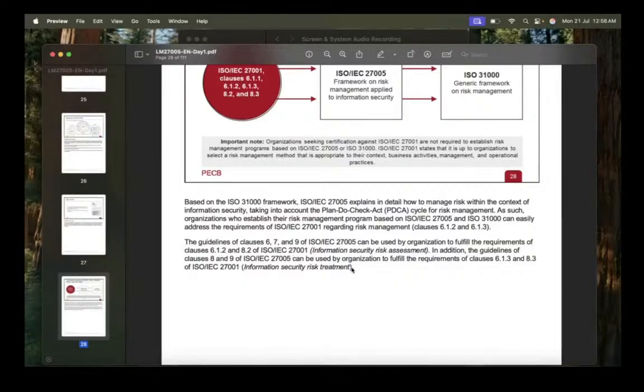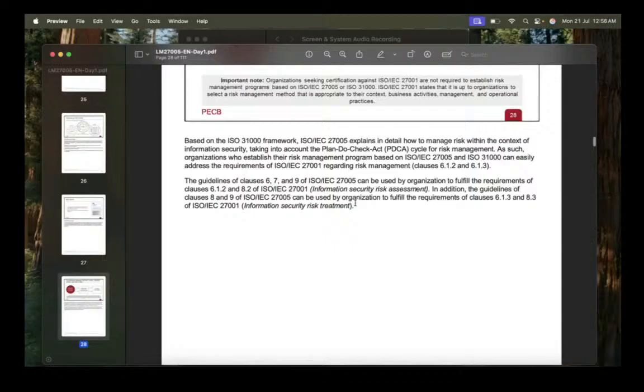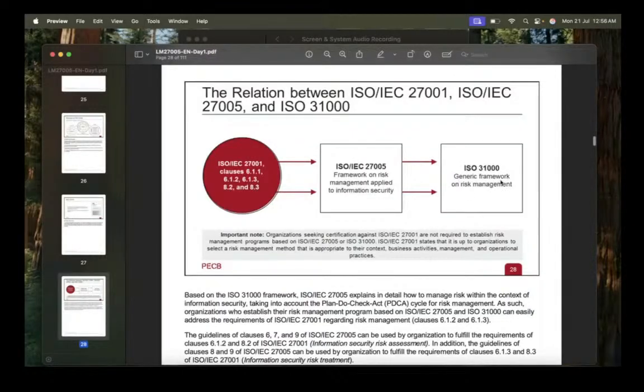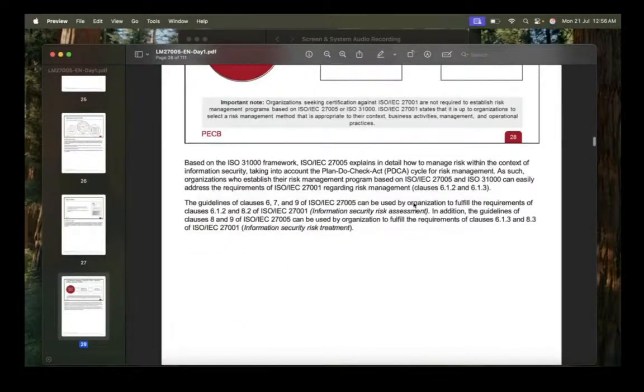Organizations who establish their risk management program based on 27005 and 31000 can easily address the requirement of ISO 27001 regarding risk management. The important clauses we have already discussed. So this is basically the relation that you can note down in a point: how 27005 and 31000 are related, and what the difference is.